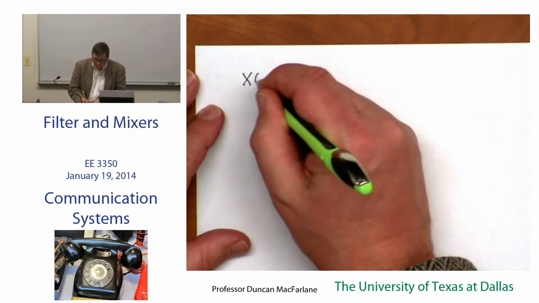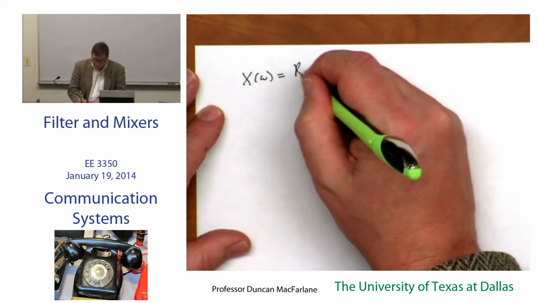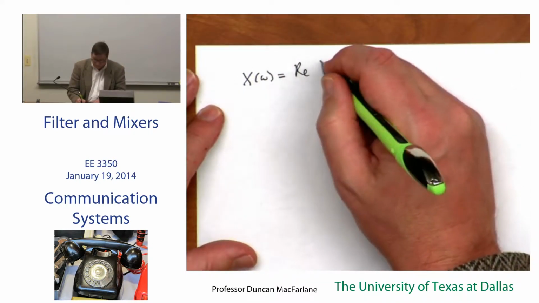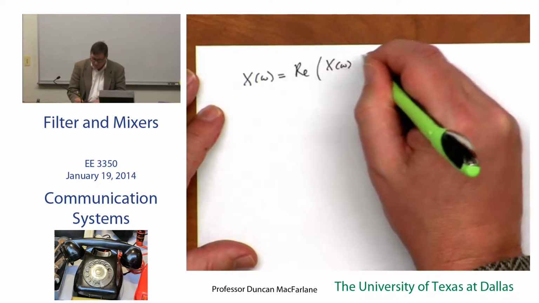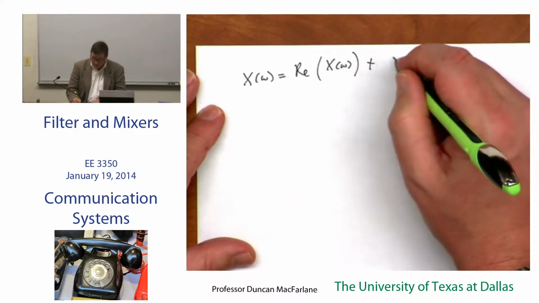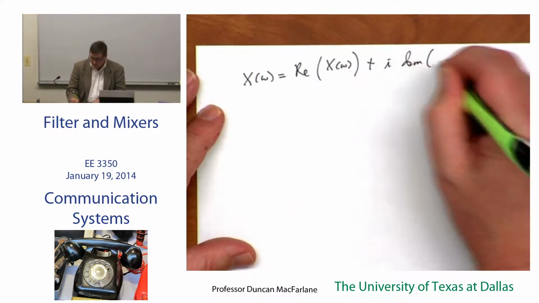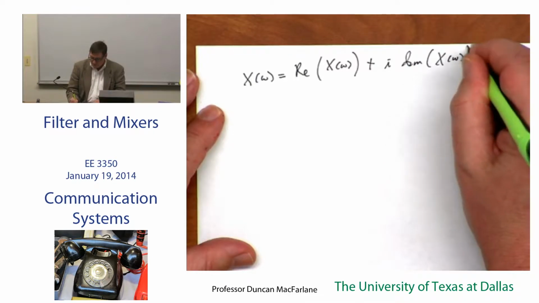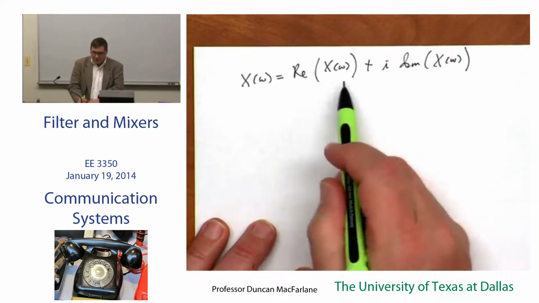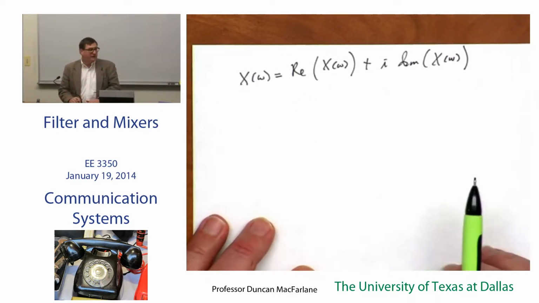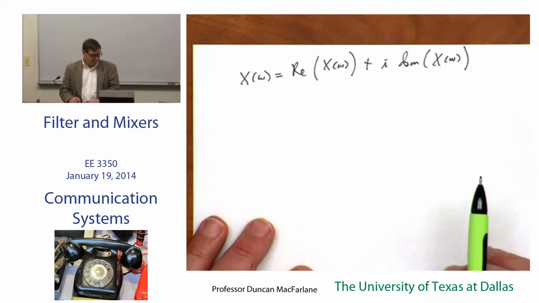Then I'm going to write X of omega as having a real part of X of omega and an imaginary part of X of omega. No great rocket science there, just a little bit of bookkeeping.